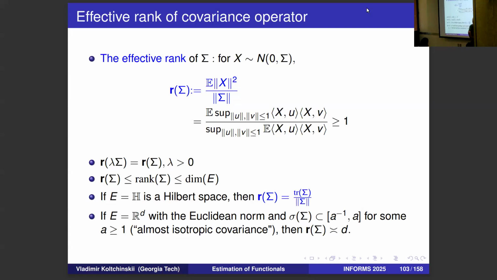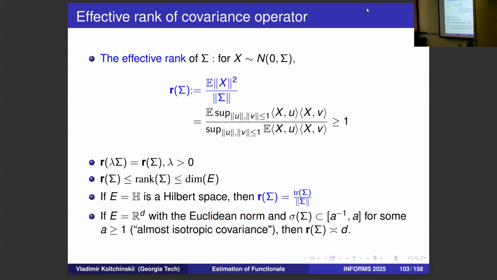Now, there are some other properties that I listed here. This one is kind of important because it tells that effective rank is always smaller than the rank of operator sigma, and the rank itself is upper bounded by the dimension of the space. So it's always better to use this than dimension. Moreover, if your space is infinite dimensional, effective rank is still finite.